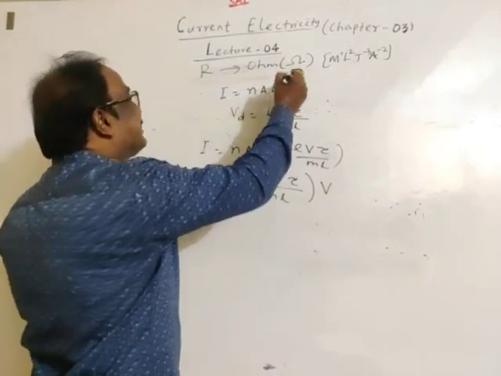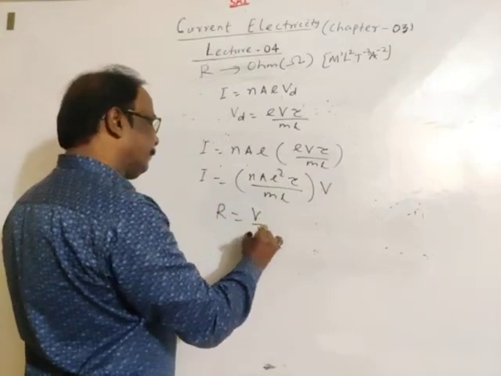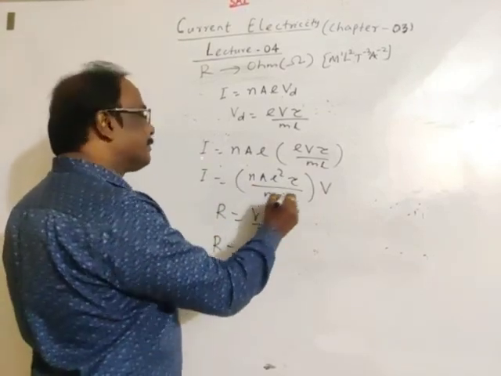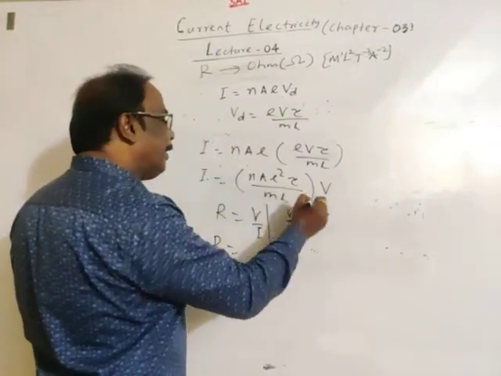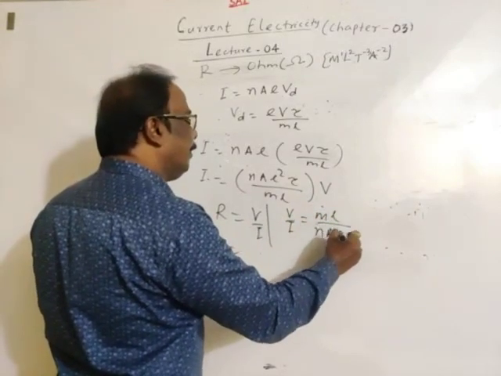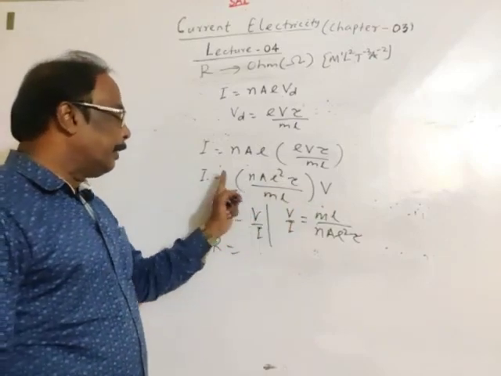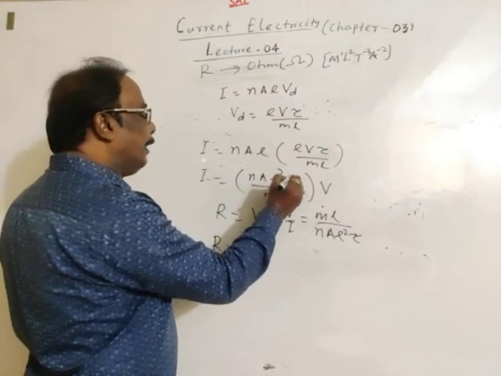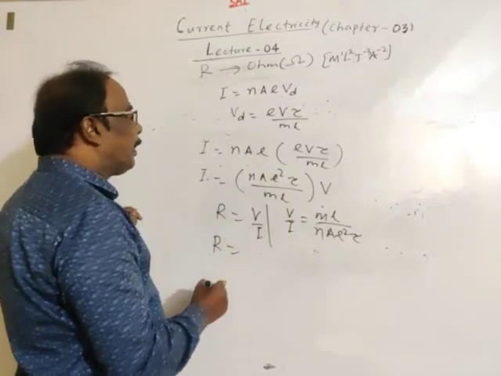But resistance R is equal to V by I. From this equation we get V by I is equal to ml divided by nAe²τ. Then finally V by I is equal to R.